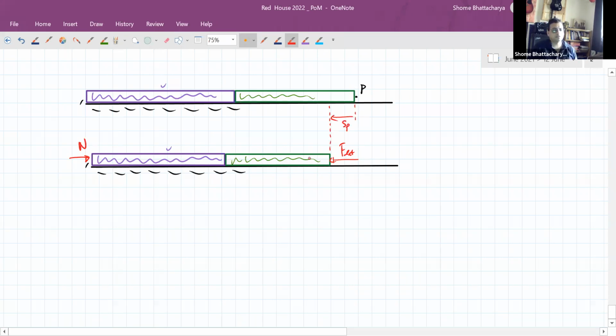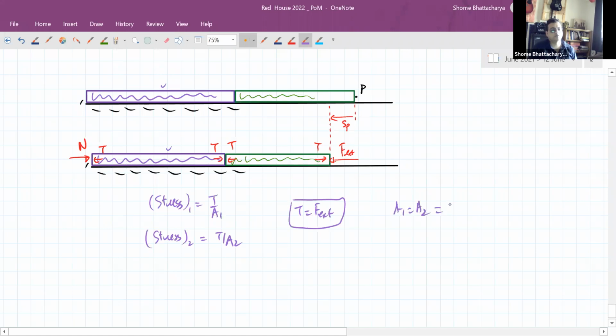And as a result of this, you'll see that there is same amount of tension in both the rods. So stress in rod 1, stress in rod 2, A1 is equal to A2 equal to A. So now this was L1.